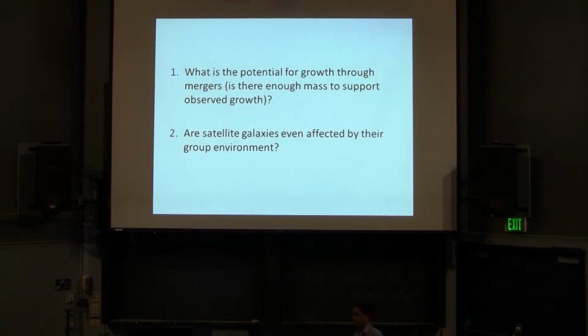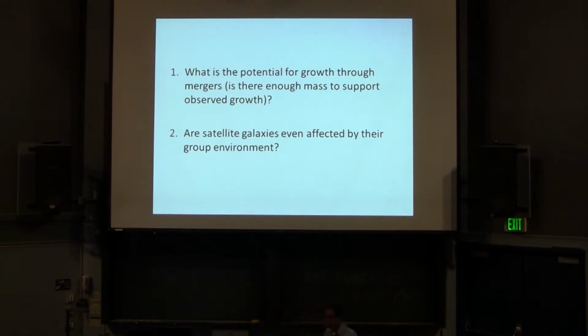We know how much these centrals grow by. How much of it comes from these satellites? How much of it comes from mergers within the halo? So that's one thing. The second question is, if they really don't spend all that much time in the halo, what is the influence of the halo itself on its satellite galaxies? And can we measure it?